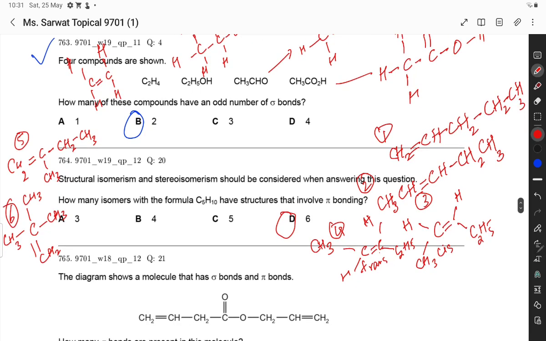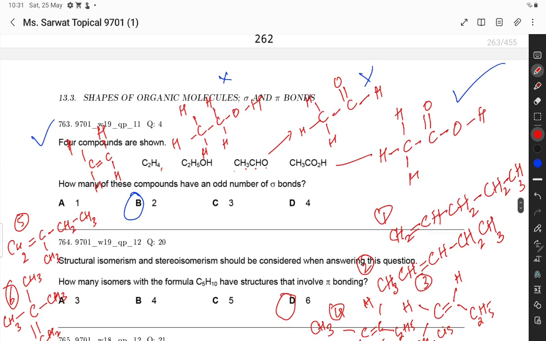Next question: 4 compounds are shown, C2H4, C2H5OH, CH3CHO. This is an alkene, this is ethanol, this is an aldehyde, and this is ethanoic acid. How many of these compounds have an odd number of sigma bonds?